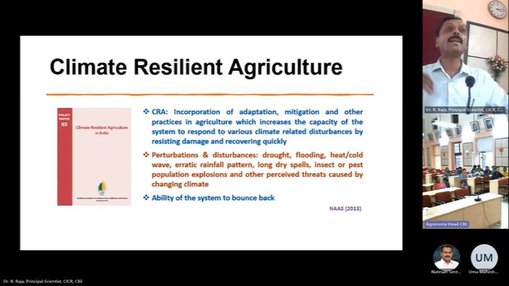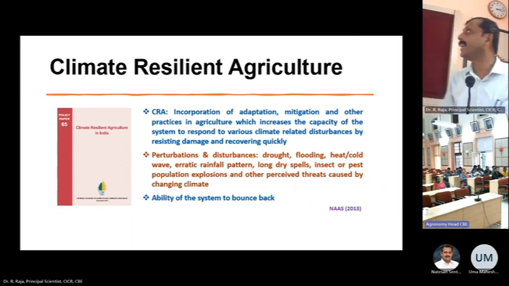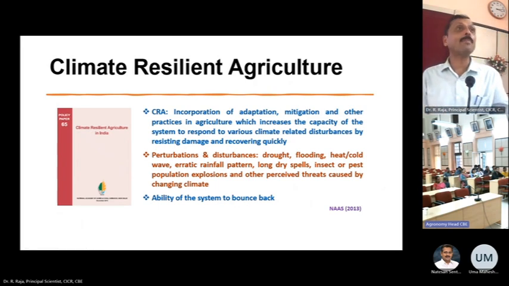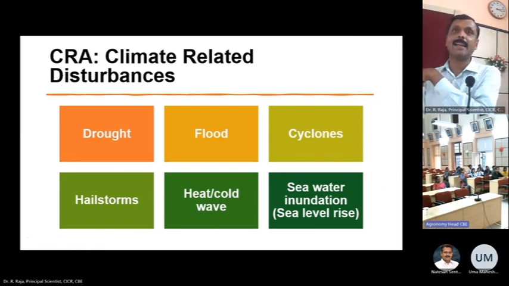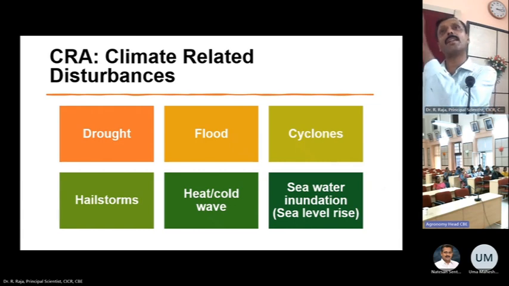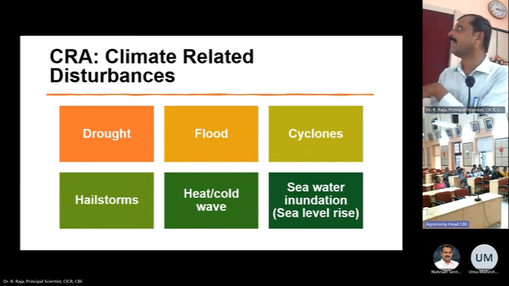It has to bounce back quickly. That is the whole idea of the system. So in a nutshell, they are telling how quickly the system can bounce back. That's their idea. So as we discussed, these are all the things. We will see these incidences in detail. Then we will go for what are all the practices we can do to have climate resilient agriculture, right?